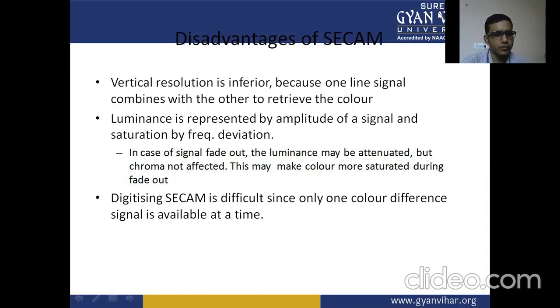In case of signal fade out, the luminance may be attenuated but chroma is not affected. This may make color more saturated during the fade out.